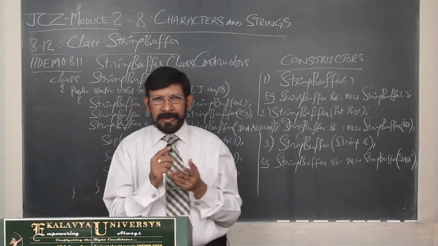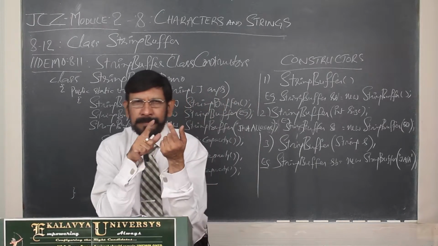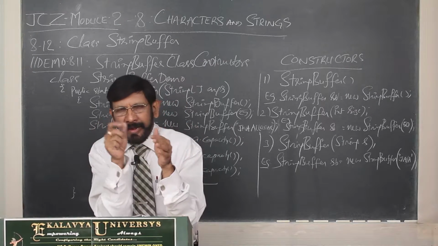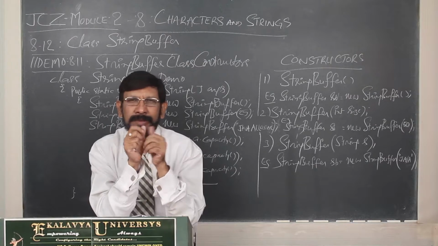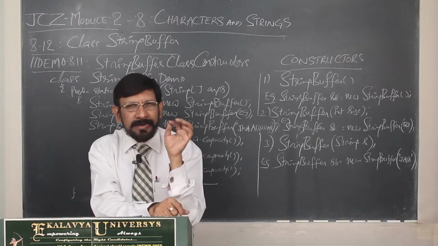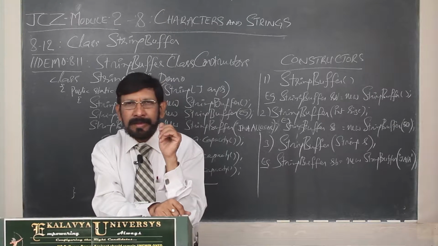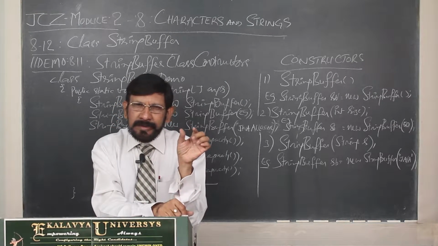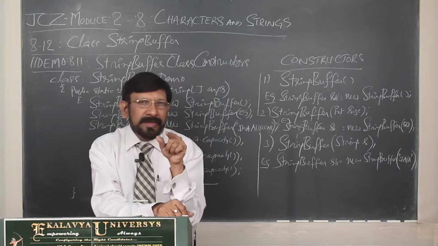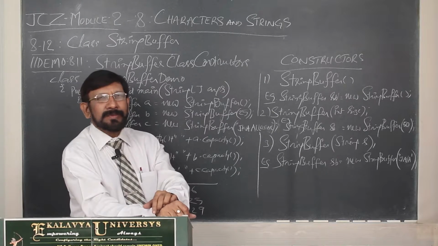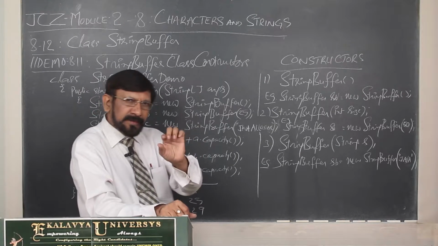And once again I am telling you the difference between capacity and length. Capacity means the maximum number of characters a StringBuffer object can hold. Length means how many characters are there in the StringBuffer, the length of the actual string.